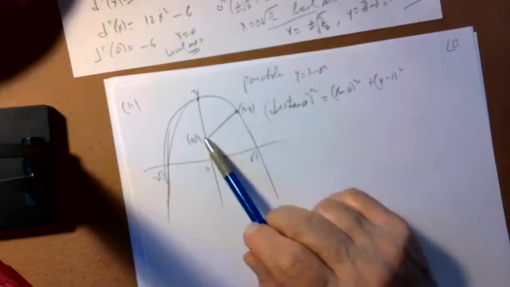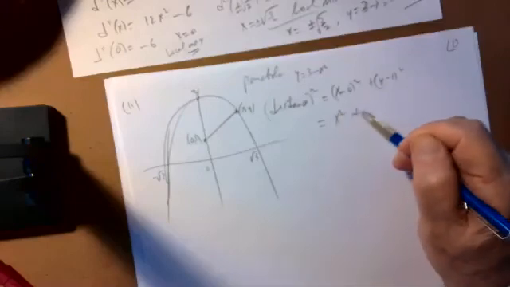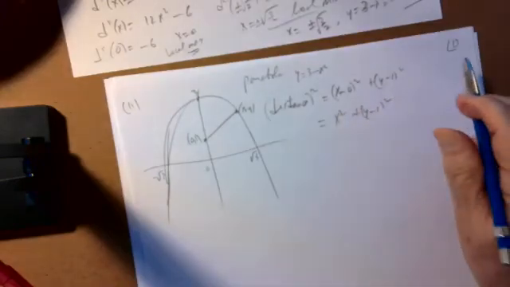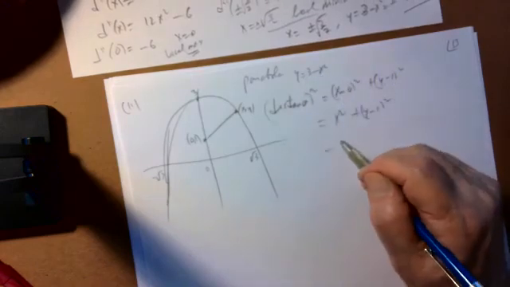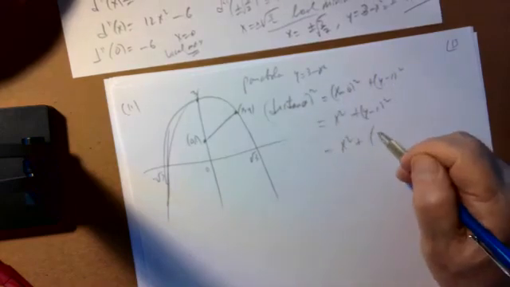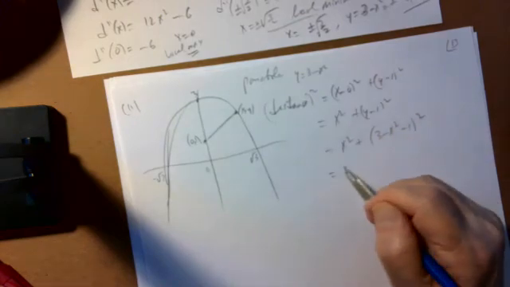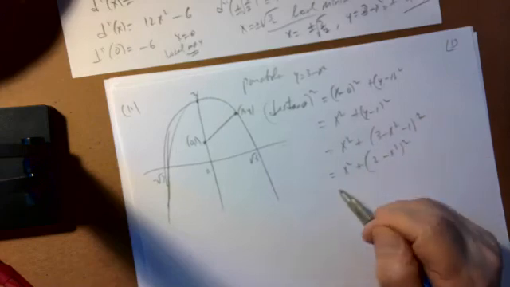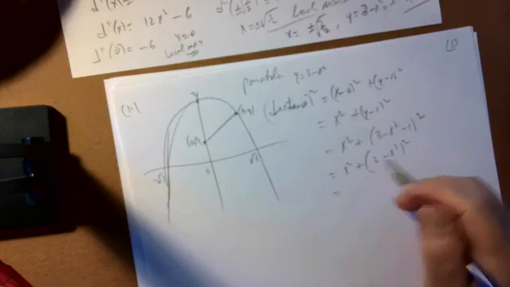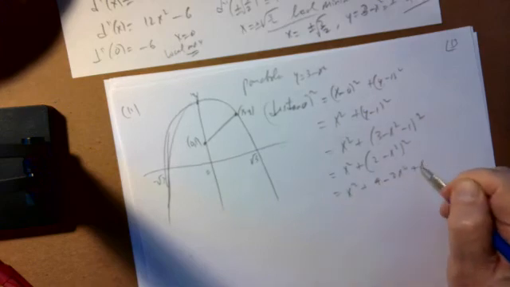You take the difference of the coordinates squared and add. So that's x squared plus (y minus 1) squared. But y is 3 minus x squared, so that's x squared plus (3 minus x squared minus 1) squared. And 3 minus 1 is 2. And (2 minus x squared) squared is 4 minus 4x squared plus x to the fourth.